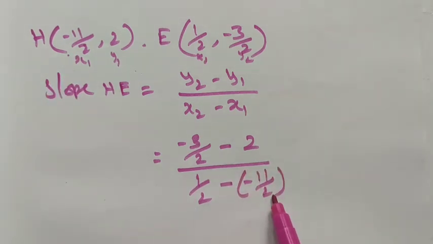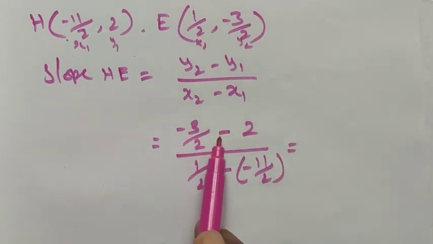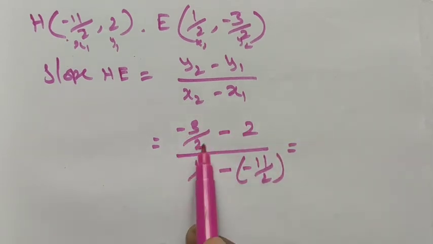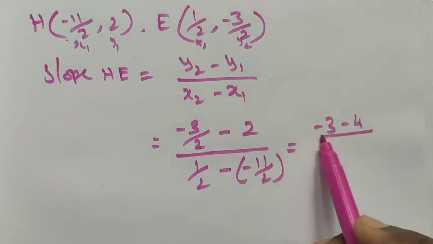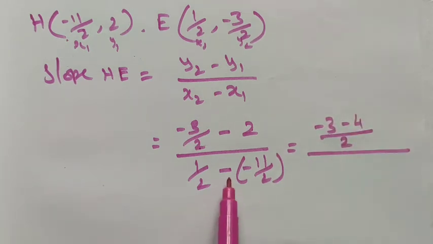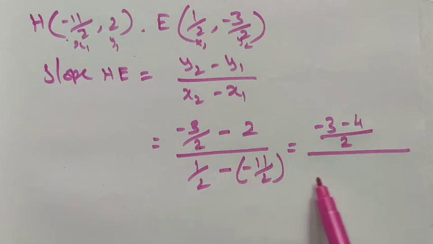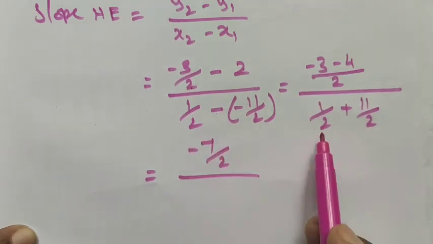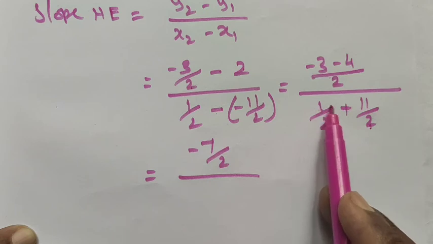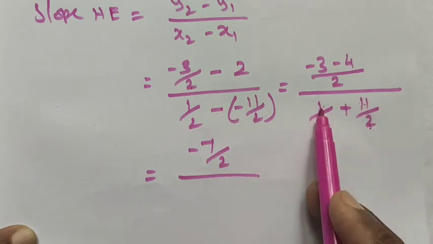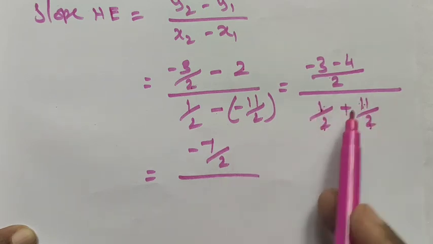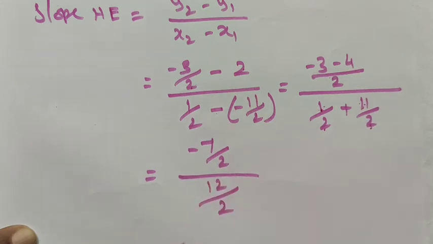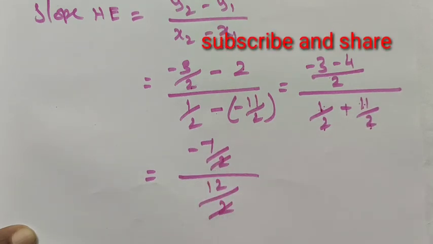First we have to take the LCM for the numerator. 2 2s are 4, minus 3 minus 4 divided by 2, whole divided by, when I remove the bracket, we get 1 by 2 plus 11 by 2. So minus 7 divided by 2, and since the denominators are equal, we add the numerators. 1 plus 11 is 12 divided by 2. The 2s are cancelled, then we get minus 7 divided by 12.